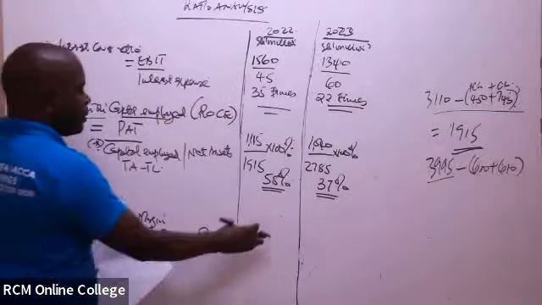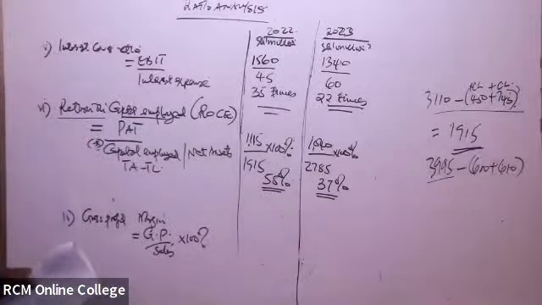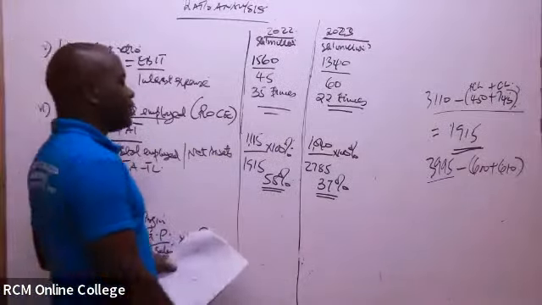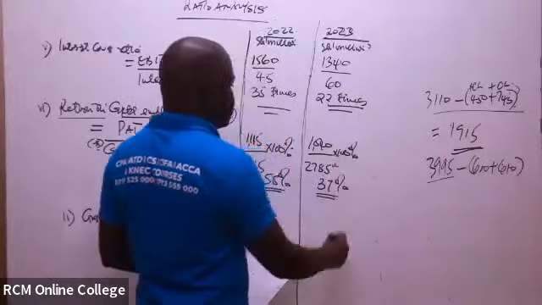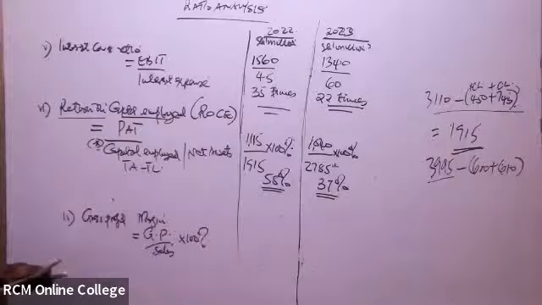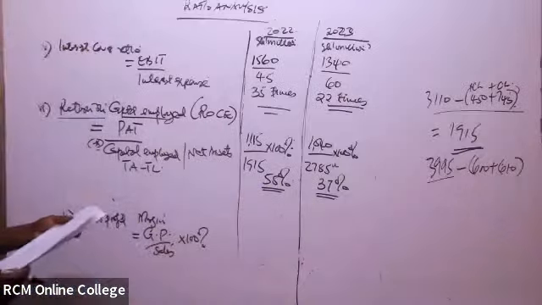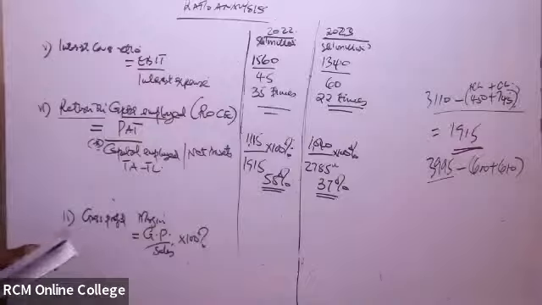For 2022, the return was so high, so they adequately utilized their capital to get a higher return. In 2023, it seems they didn't adequately utilize their capital. Their level of utilization of capital in 2023 was not that effective compared to 2022, so they effectively utilized their capital in 2022 and therefore got a high return on what they put in as capital.